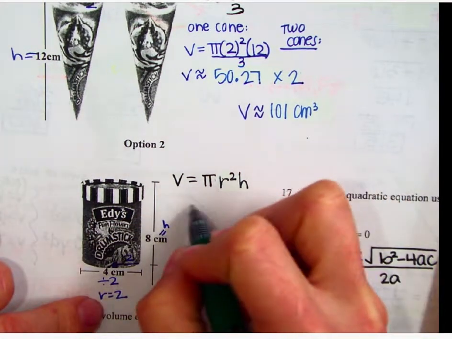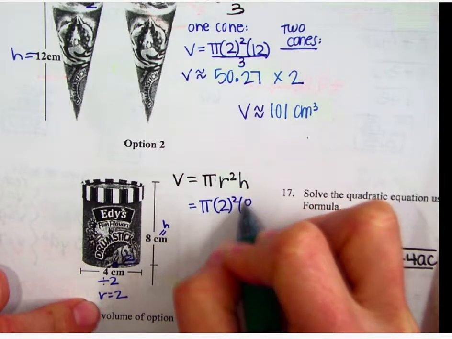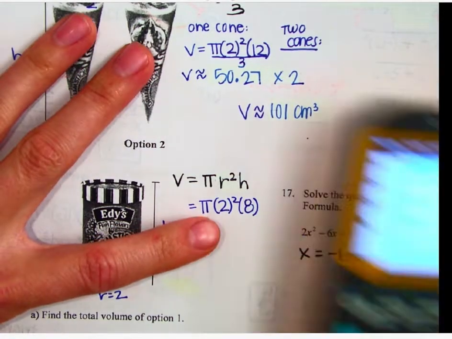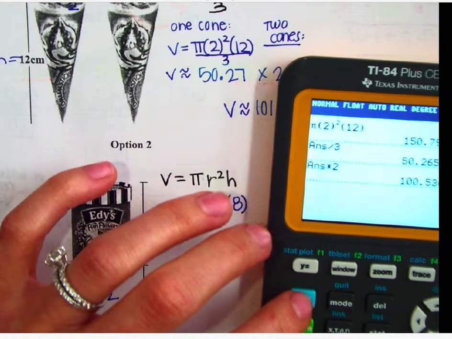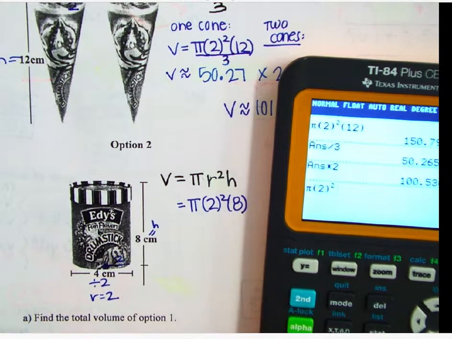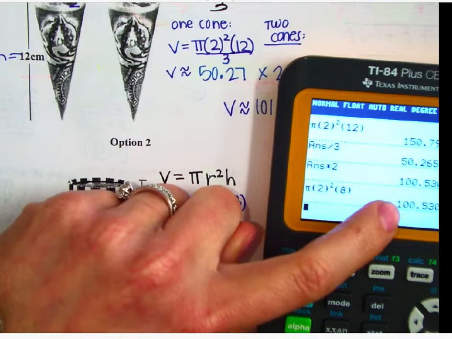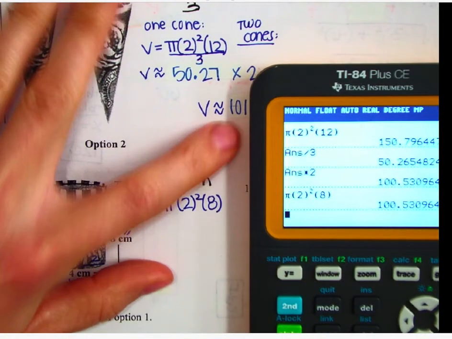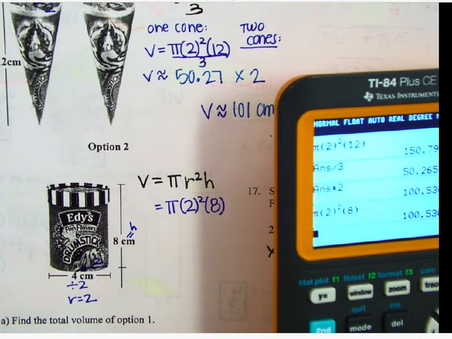Now we know our radius, and we're plugging that into the calculator: pi times 2 squared times 8 is about 100.53. So it looks exactly the same as what we did up above.